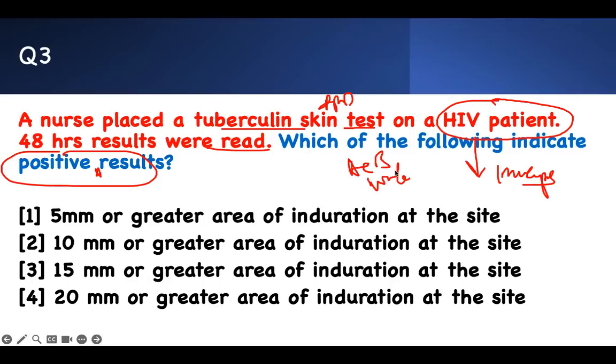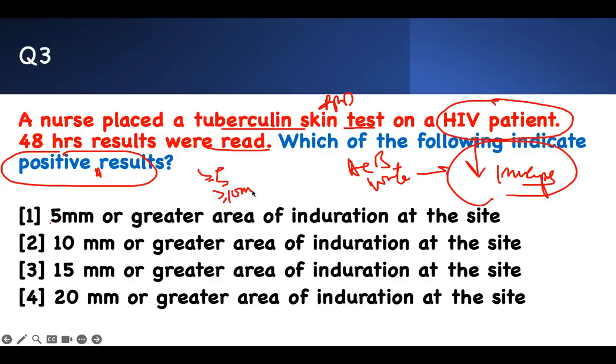So I'm rewriting using my content. That means I place a PPD on an immunocompromised patient. Which of these indicates positivity? Keyword: if you're immunocompromised, greater than or equal to 5. If you are at risk, like healthcare workers, those people can get exposed to a lot of people, greater than or equal to 10 millimeters.